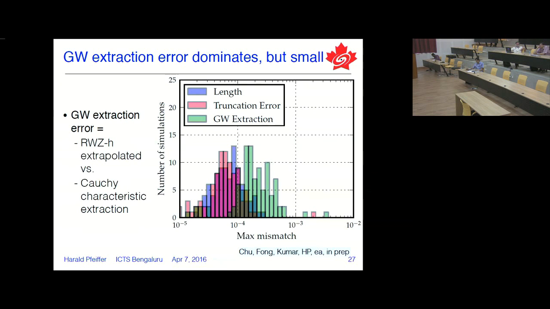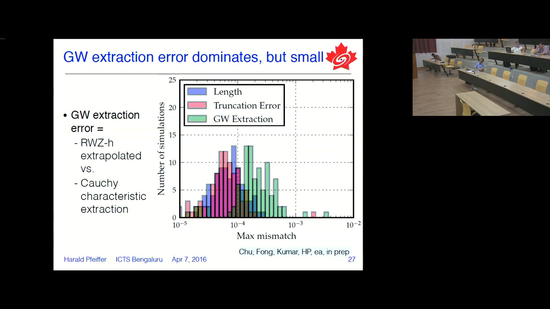What actually surprised us quite a bit when doing this analysis is that the technique used to extract the gravitational waveform leads to the dominant source of error. In this particular project, for the first time, we did a very large-scale comparison between two completely different ways of extracting gravitational waves, Regge-Wheeler-Zerilli extraction and Cauchy characteristic extraction.